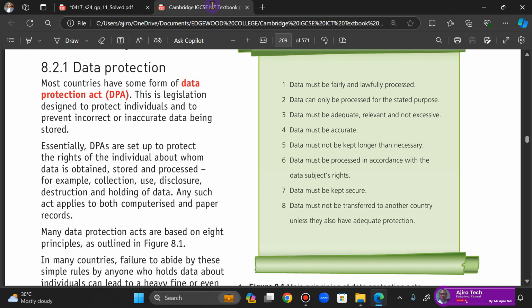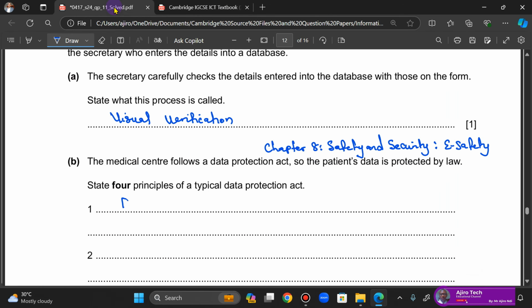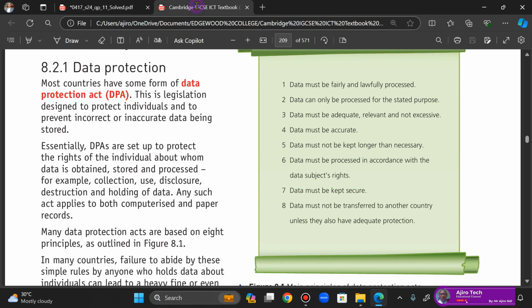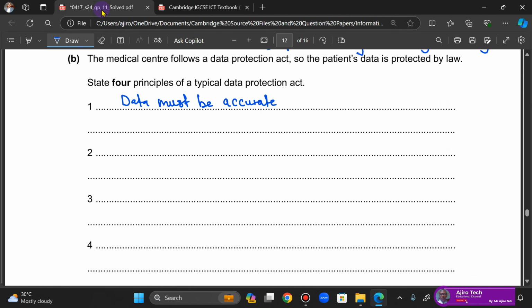I will start with data must be accurate. So you have to state it. Data must be accurate. The next one is data must not be kept longer than necessary.